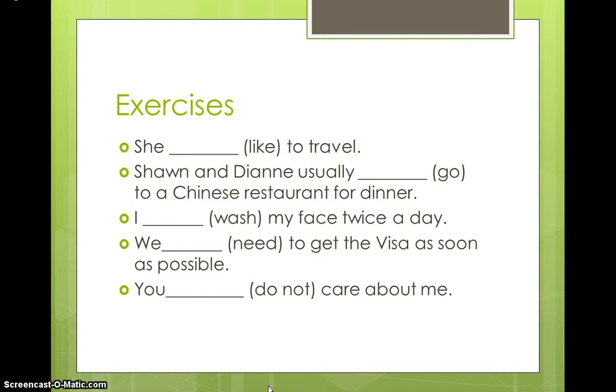The next one is we. Let's say we need. Do we say we needs or we need? The answer is need, because the subject-verb agreement for we is need. So we need to get the visa as soon as possible.